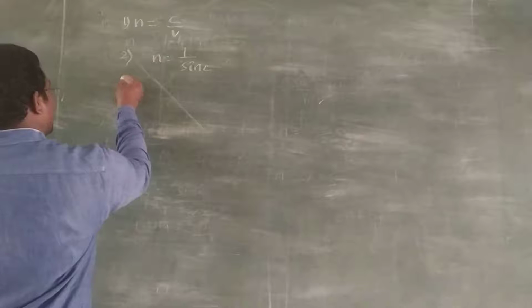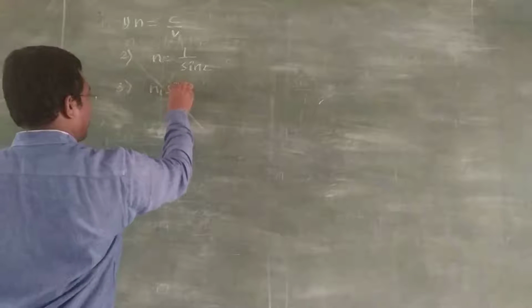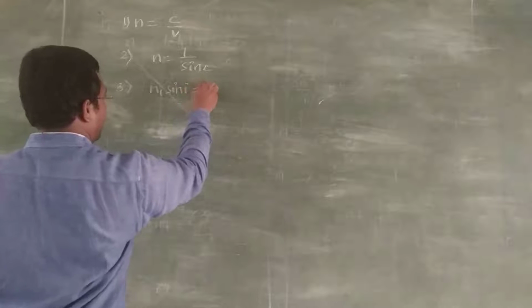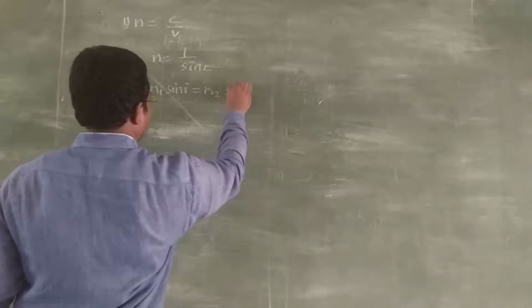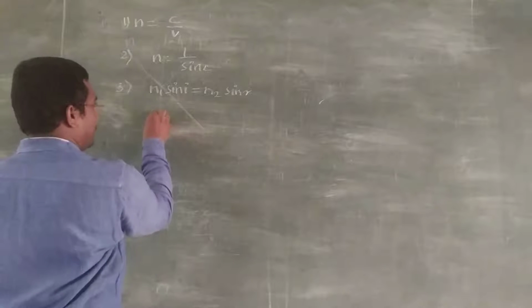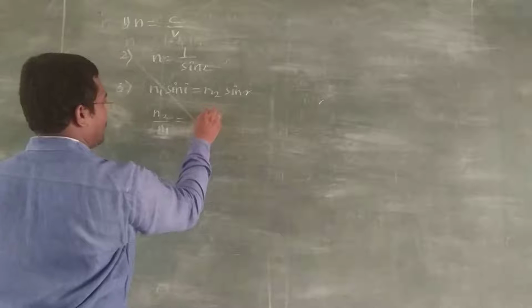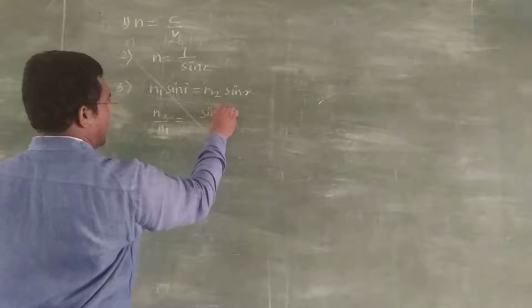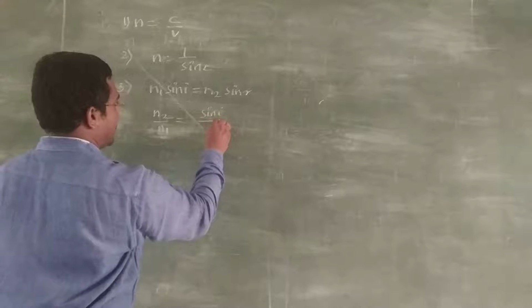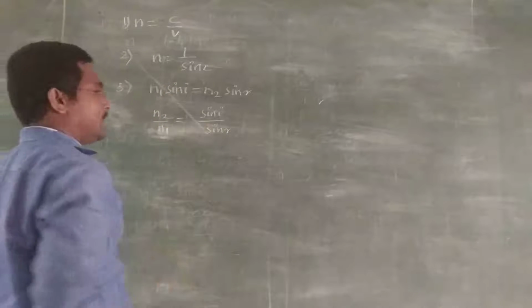And the next formula, n1 sin i is equal to n2 sin r. Based on this formula, we can write n2 by n1 is equal to sin i by sin r. So these are the three formulas.